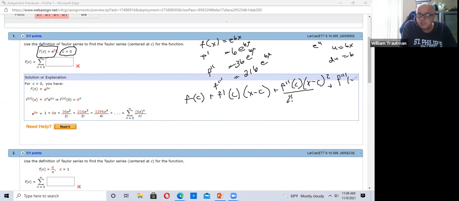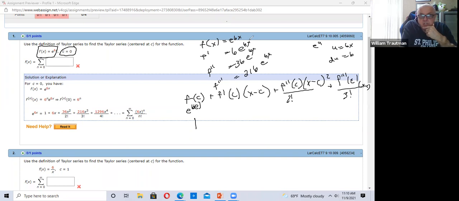Okay, let's see if I can get it all in this. I don't know. x minus c over the next one, 3 factorial, and so on and so on. So first, if we put 0 in here, 6 times 0 is 0, e to the 0 power is 1.